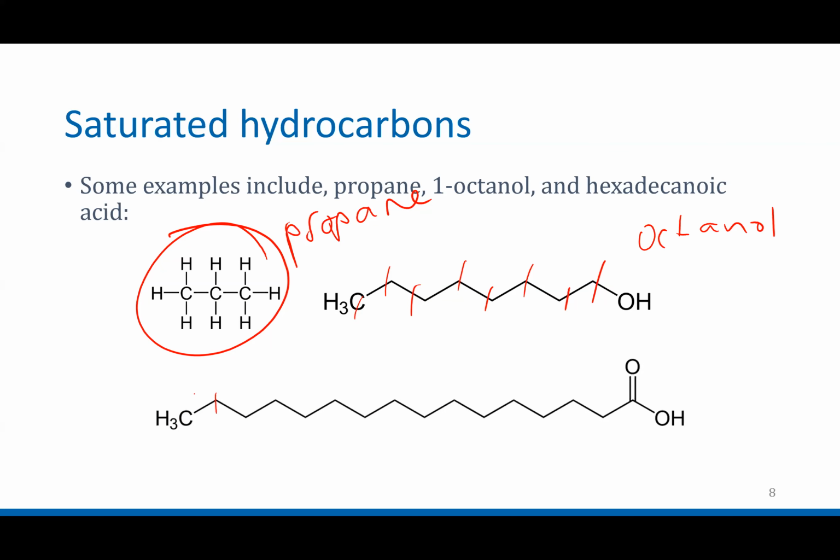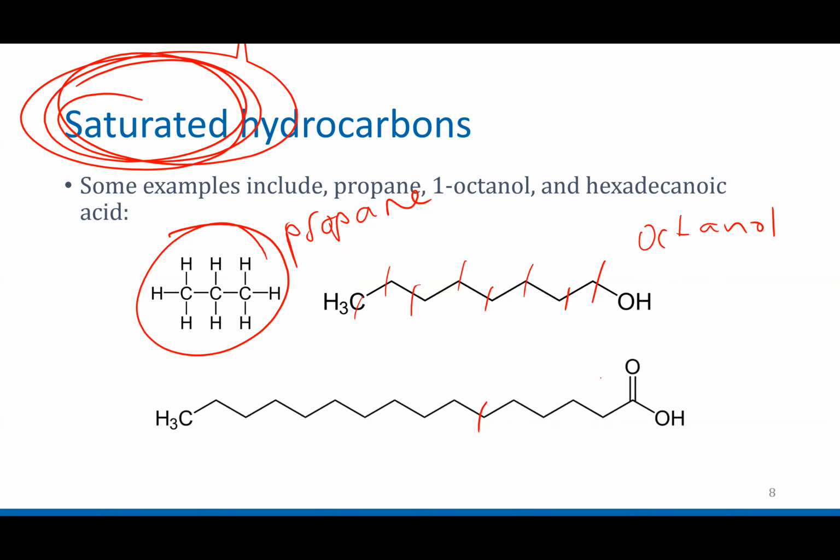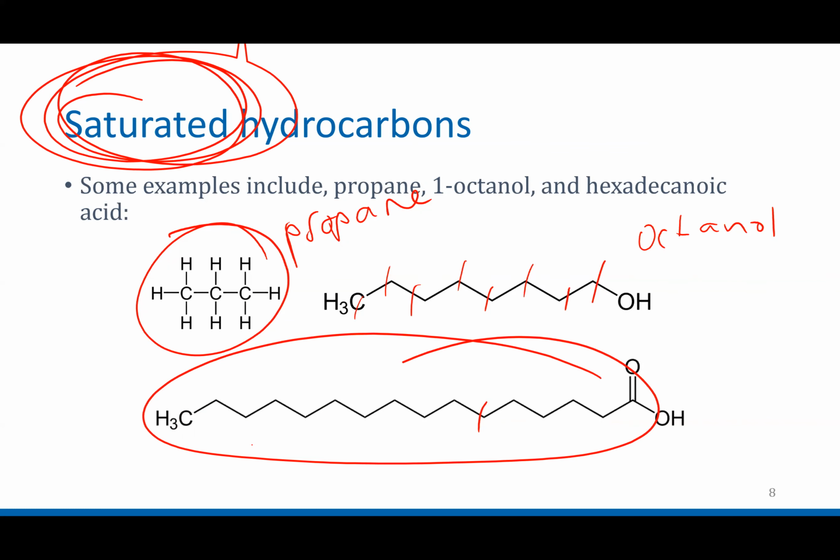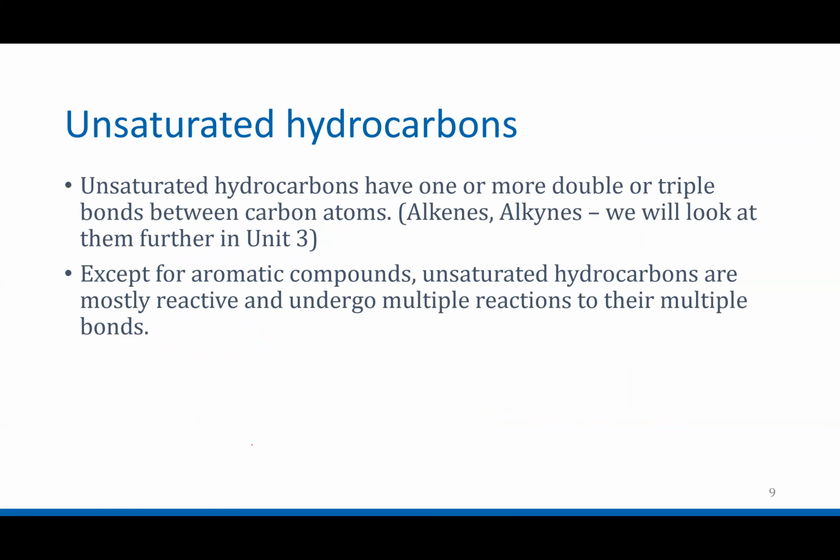This 1, 2, 3, 4, 5, 6, 7, 8, 9, 10, 11, 12, 13, 14, 15, 16. This is a chemical you do not need to know how to name. This is a carboxylic acid. But again, all you need to know is that a saturated hydrocarbon has single bonds. There's no double or triple bonds here. Unsaturated hydrocarbons, these are where you see double or triple bonds.